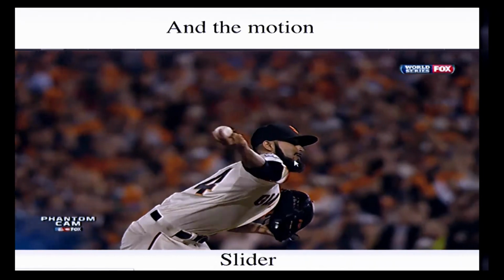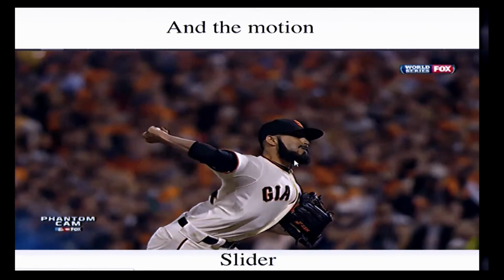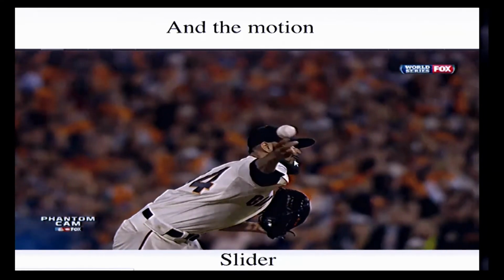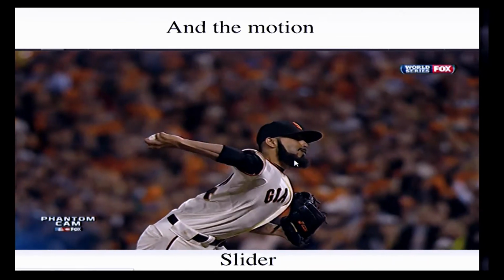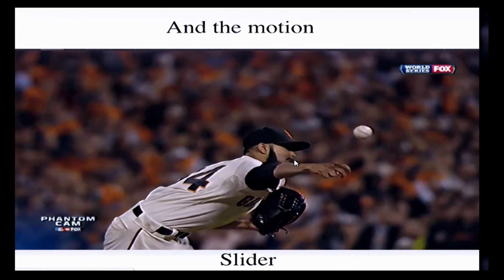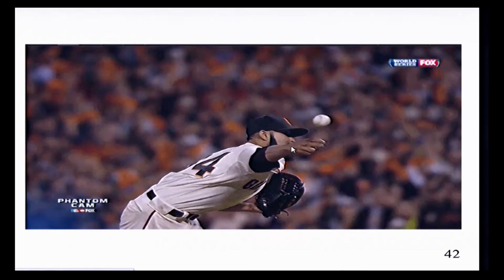This is actually the pitch I showed you before that totally fooled Jackson from the phantom cam, as Fox calls it, point of view. So you can see the grip on this. Actually, let's just take a look at this broken down by frame. It's pretty interesting. So these are the frames of the video. Here it is, just leaving his hand.